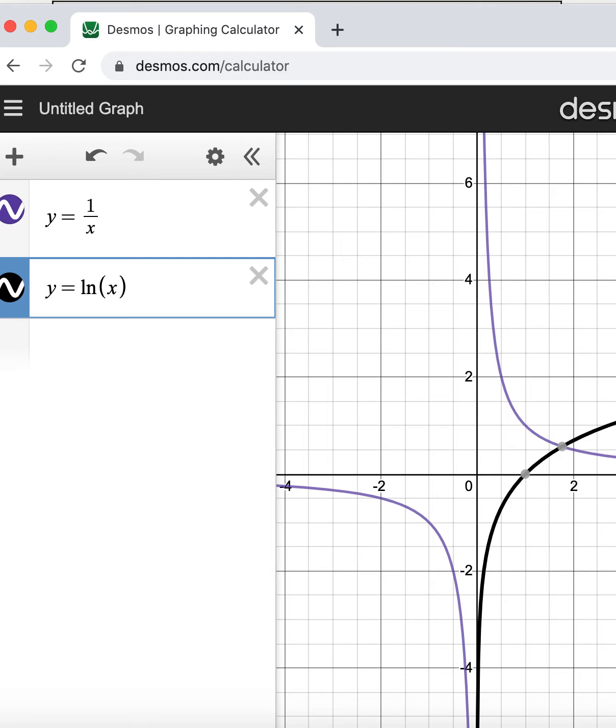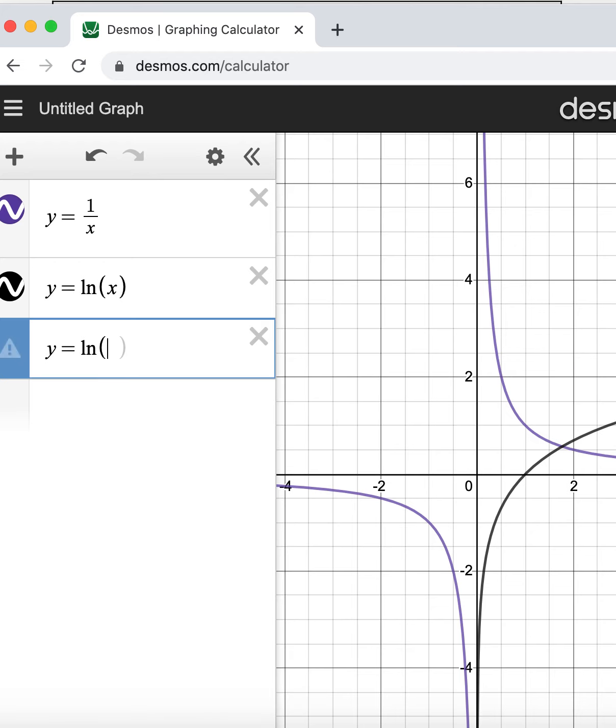So we want to put an absolute value around the x to make sure that we do get an antiderivative for those left side values. So what I'll do here is I'll plot y equals ln of negative x to show the values of the antiderivative that you would get for that left side.